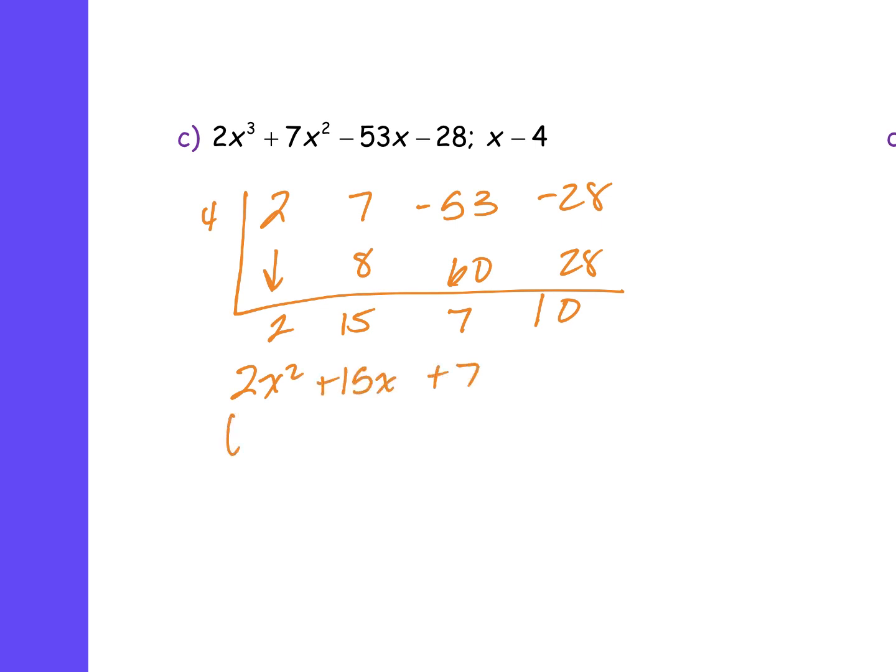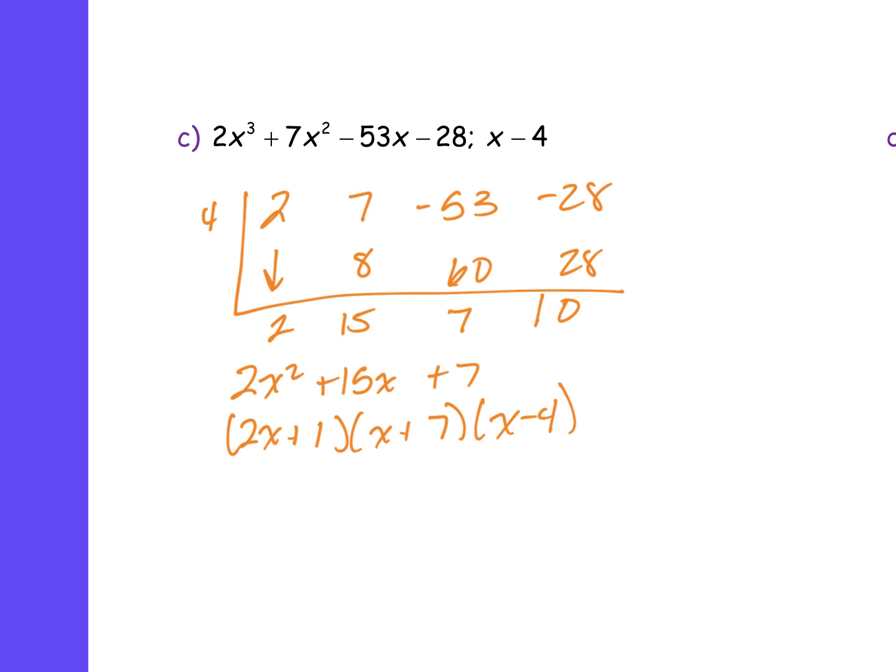This is an easy one to factor too. Has to multiply by 7 and 1. Then x minus 4. By the way, there's only one thing that multiplies to be 2, which is 2 and 1, and one thing that multiplies to be 7, which is 7 and 1. And I want it to add to be 15, so I have to do 2 times 7 is 14.